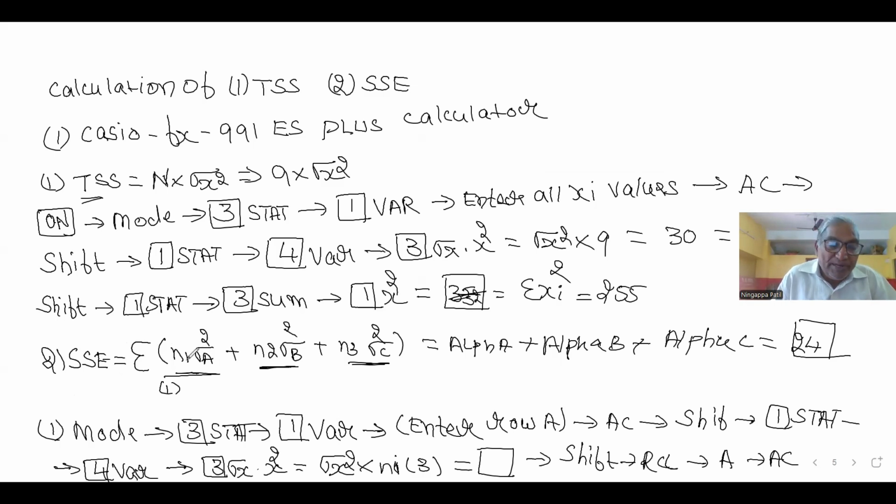Means the variance of group A plus variance of group B plus variance of group C. Means N1 into sigma A square plus N2 into sigma B square plus N3 into sigma C square.